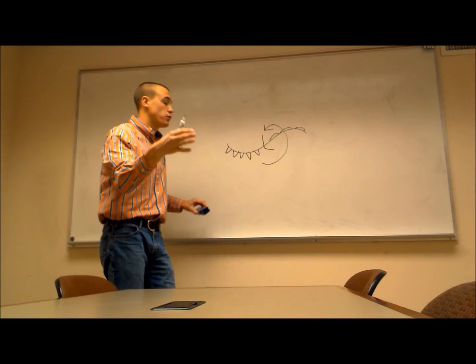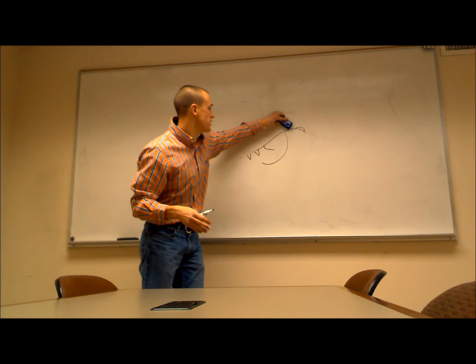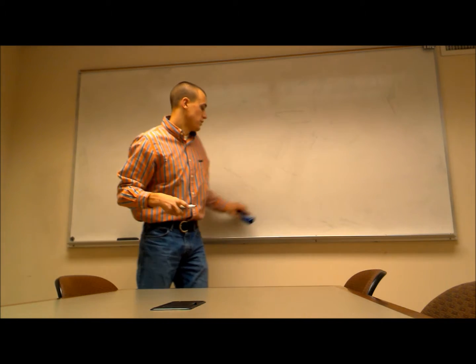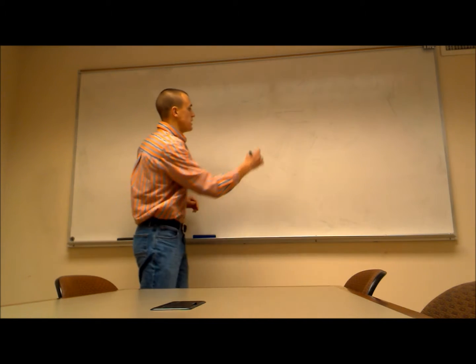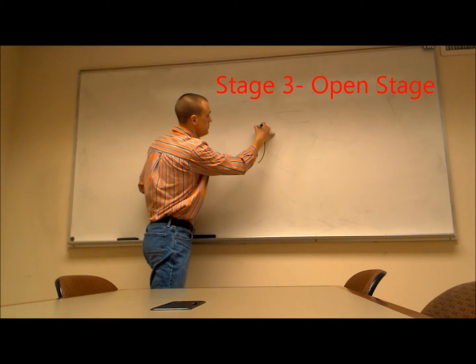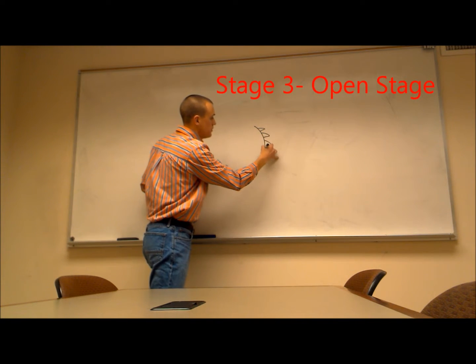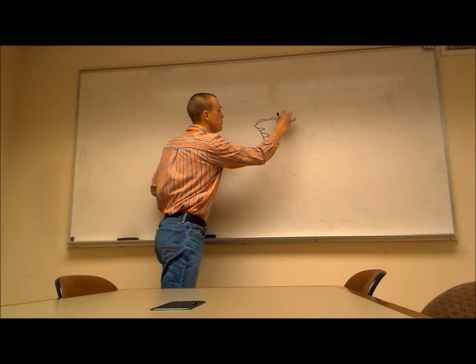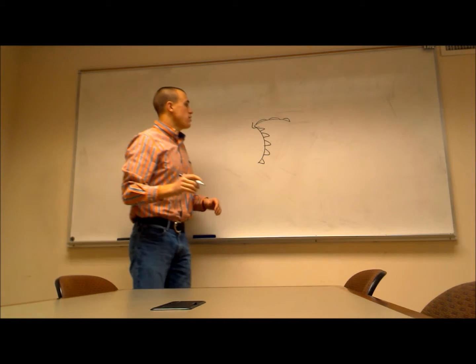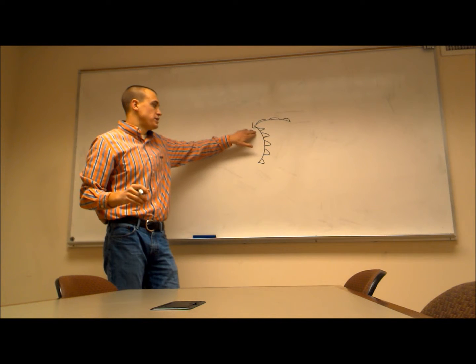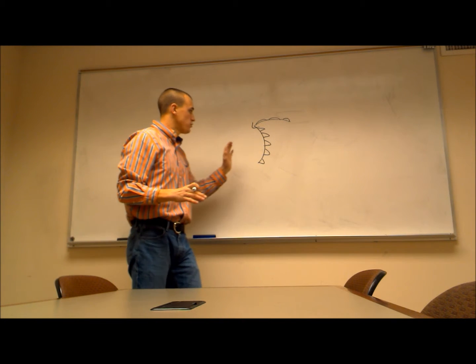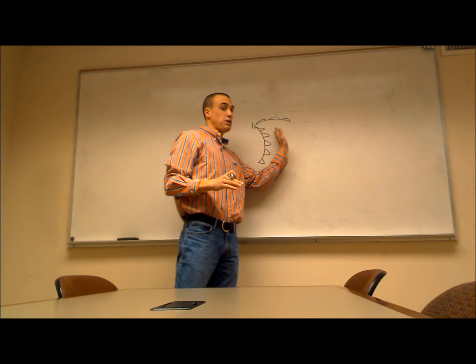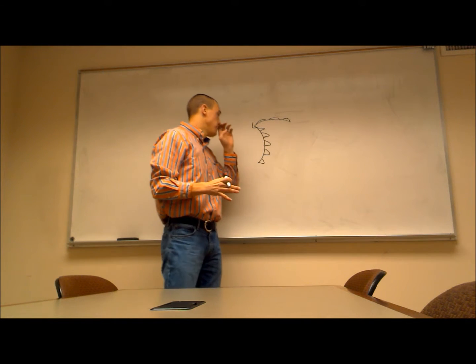So that brings us to our third stage of the mid-latitude cyclone. Okay, and that is the open stage. Remember, the cold front is moving a little bit faster here, so it's gotten a little bit further than the warm front is. Now in the open stage, you still have that low pressure attached here, and the cold front is beginning to catch up or get closer to the warm front.